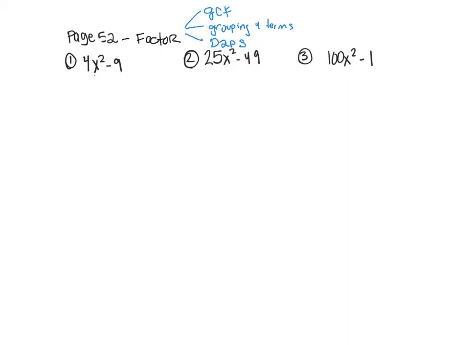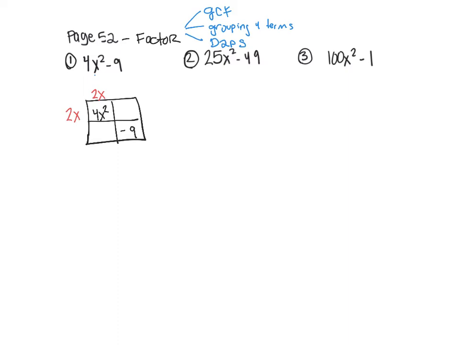So I'm going to use what I've learned with my multiplication. And I know that the 4x squared would be here, and the minus 9 would be here. So if I think about either what is the square root of 4x squared, or what times what gives me 4x squared, that is 2x times 2x. And then I think, well, what would give me a minus 9?